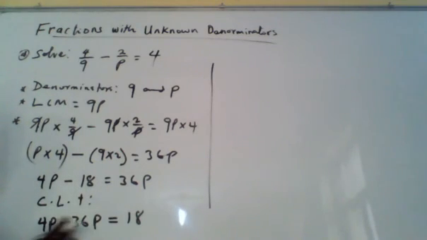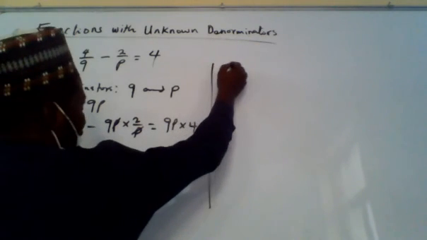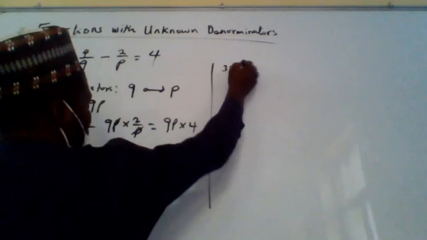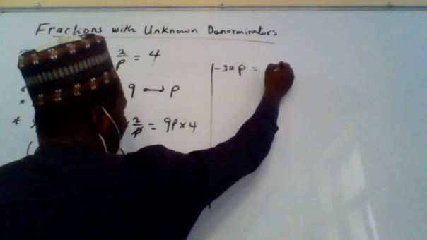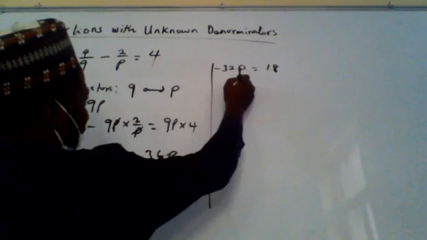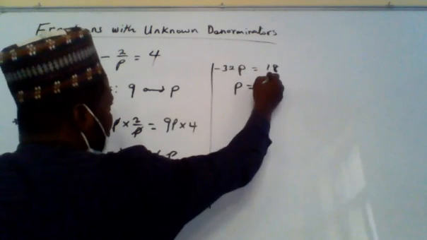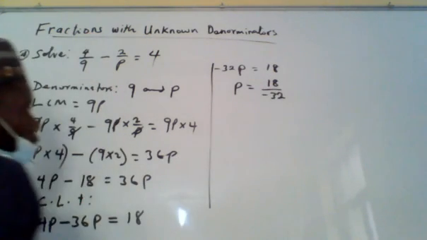Then 4p minus 36p will give me minus 32p. I have minus 32p equals 18. And the next step is to divide both sides by minus 32, that is p equals 18 divided by minus 32.